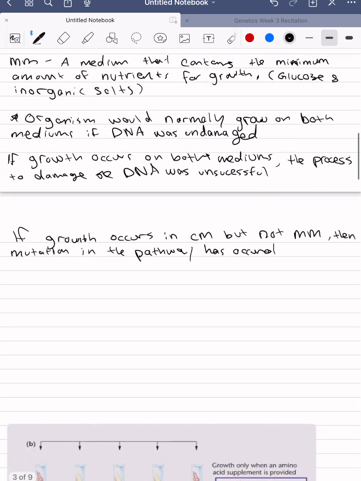So if a mutant requires an additional nutrient that the unmutagenized strain doesn't, then that would be called a nutritional mutant. And that's what we can use to find out what's wrong with the pathway.